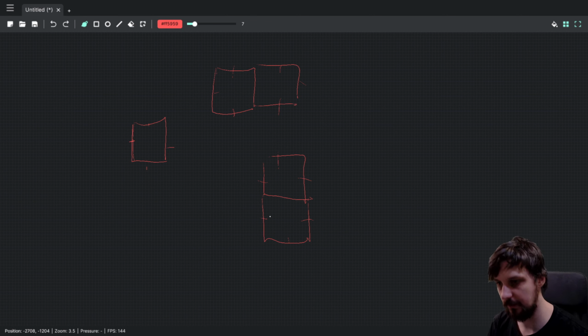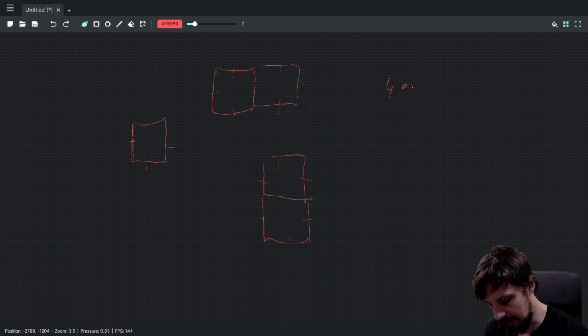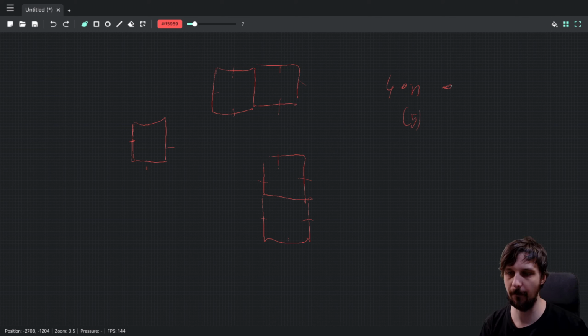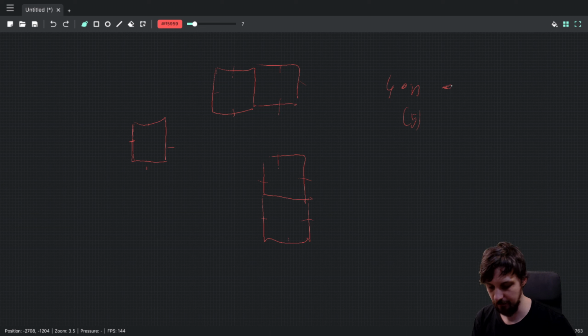And basically the formula for this is how many sides are there in total. So this is like 4 times n, where n is the number of those squares. So 1, 2, 3, 4, 5, which is 5, right? Minus, I need to subtract faces which are common.